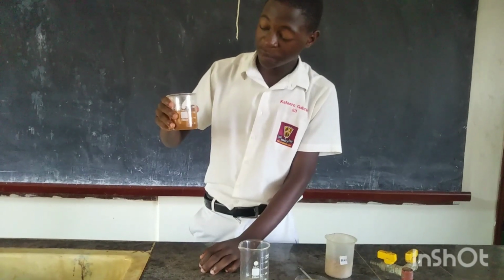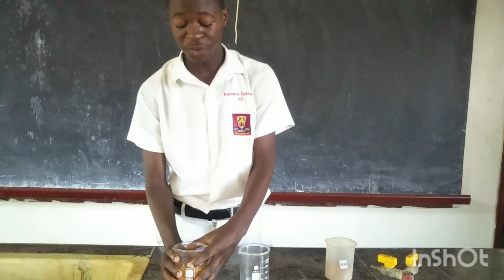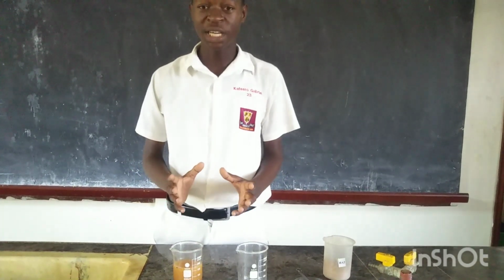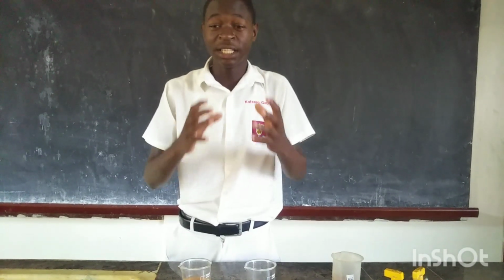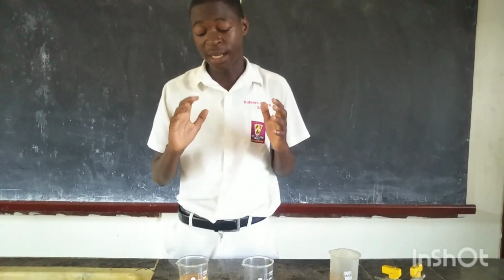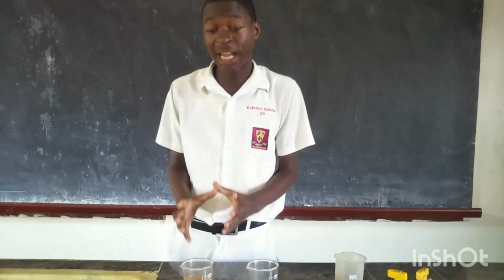By this process, for the interest of time, we want to focus on the color of the water. But the main point of this experiment is to separate sand from water. So I don't need to take much focus on the color of the water.